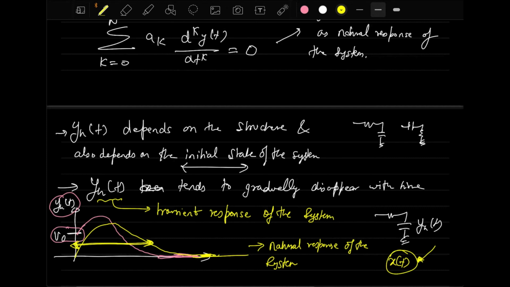If your xt is 0 and still you are getting some output, that is quite surprising: even when there is no input, you are getting the output. That comes from the natural behavior of the system, the natural response of the system.